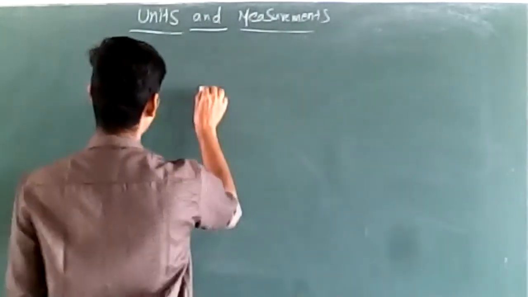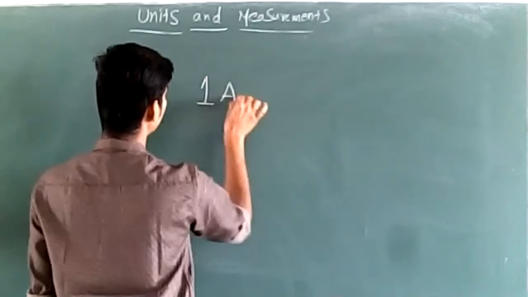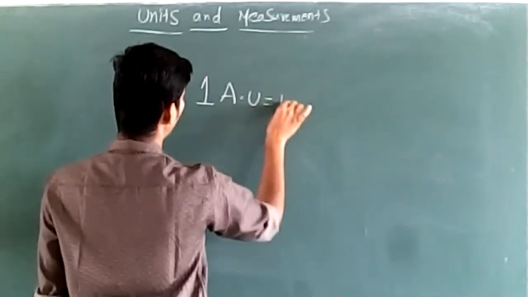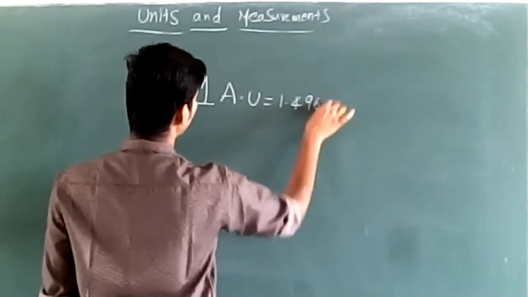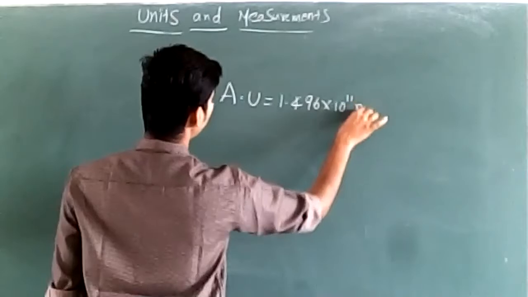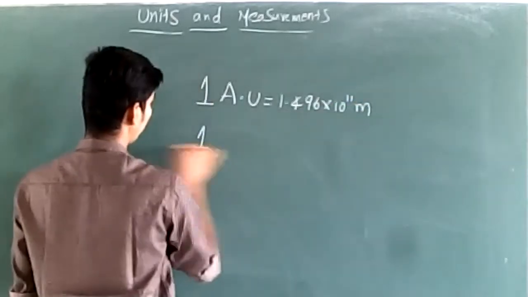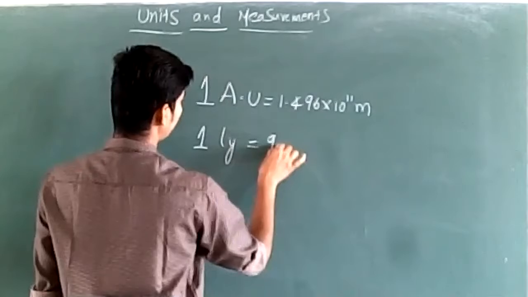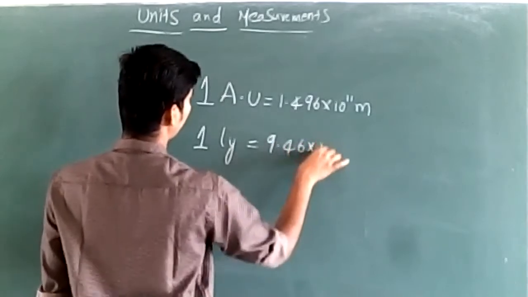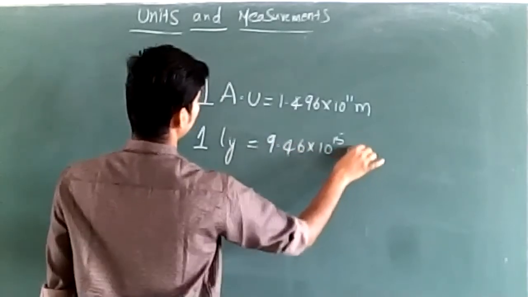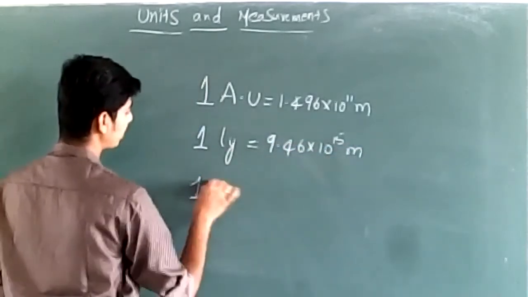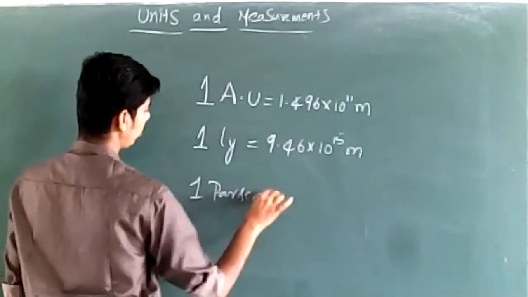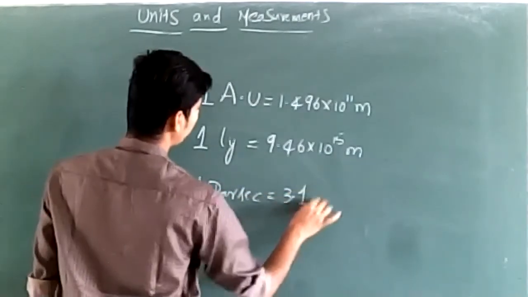If we write all three here, one astronomical unit is equal to 1.496 into 10 to the power of 11 meter. One light year is equal to 9.46 into 10 to the power of 15 meters, and one parsec is equal to 3.1 into 10 to the power of 16 meters.